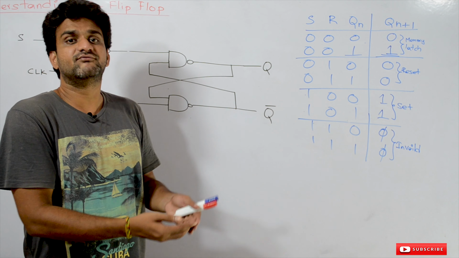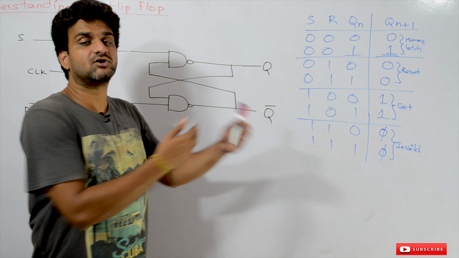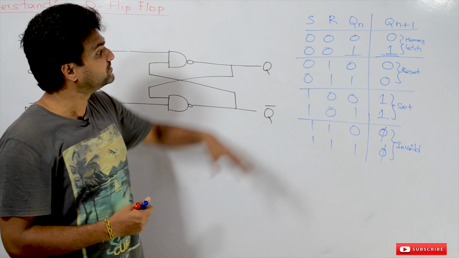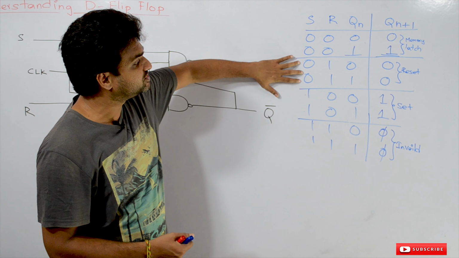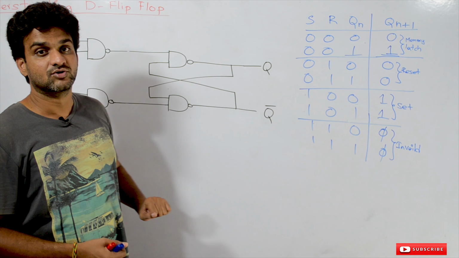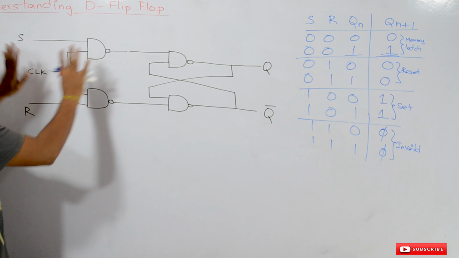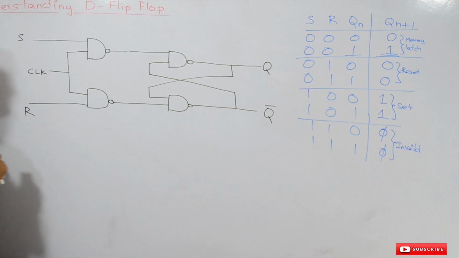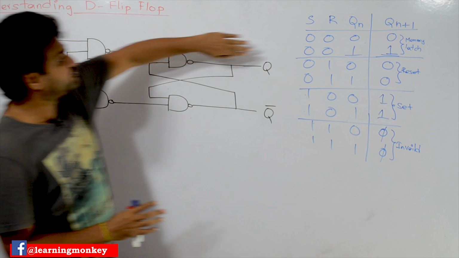In order to have that in memory, the very important inputs are 0 1 and 1 0.